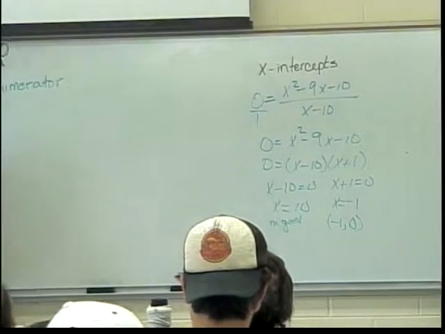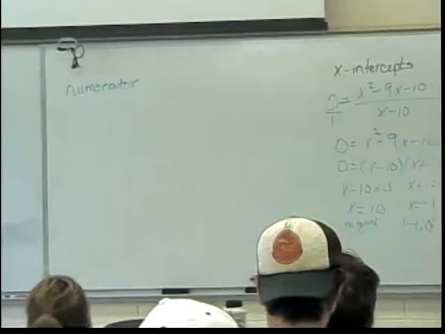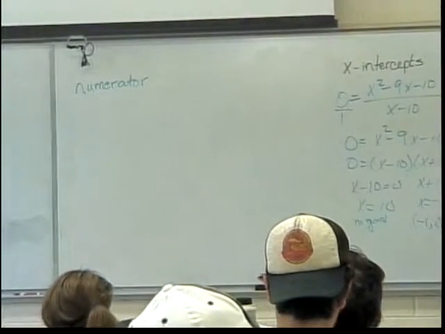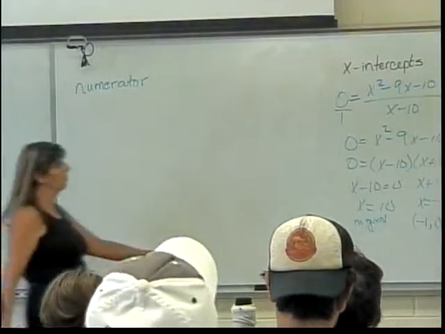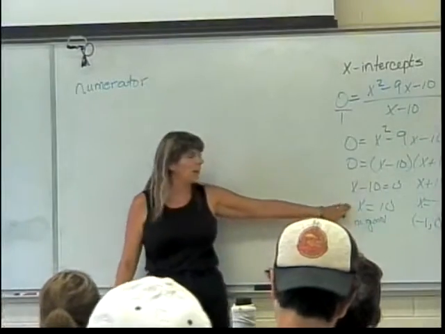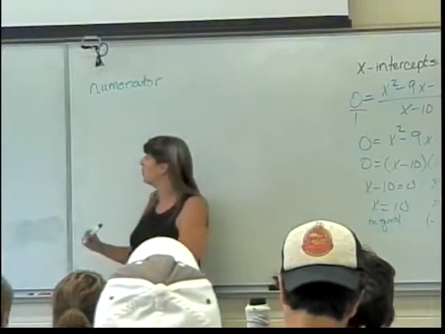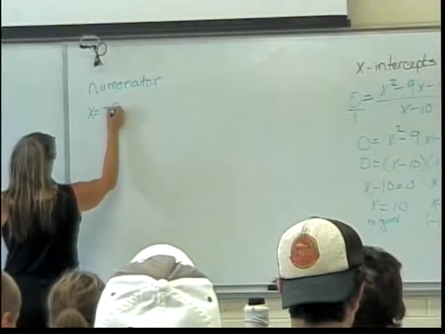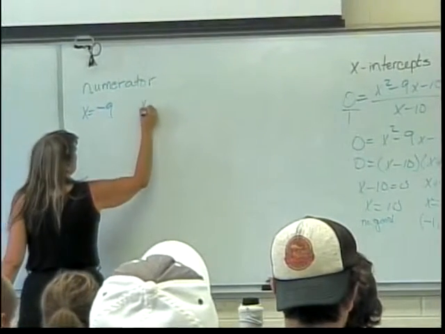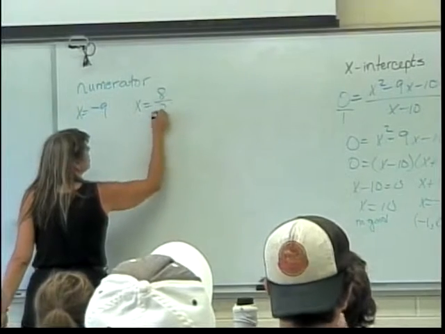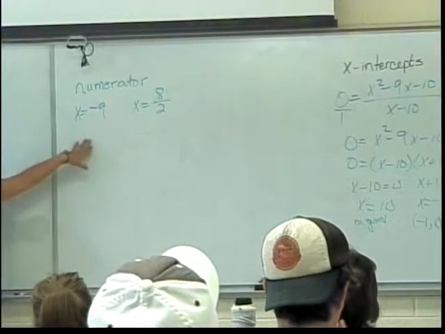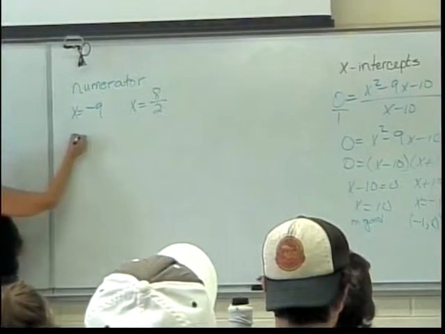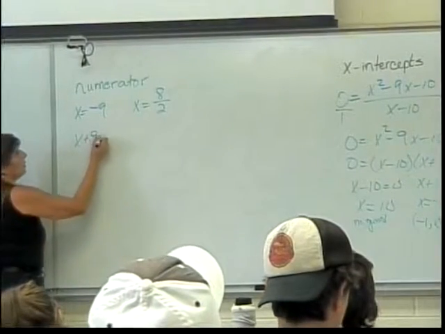All right, so I have negative 9, 0, and 8/2, 0, which is the part that was down here. So the step right before that was to have x equals each of the individual x-intercept values. So x equals negative 9, and x equals 8/2. This one I can just move over since there's no denominator, x plus 9 equals 0.